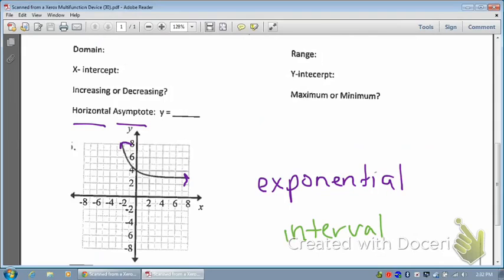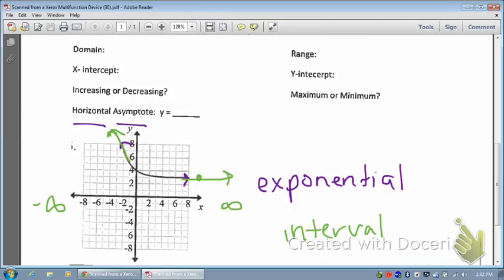Okay, so let's go ahead and knock this out of the way. So domain. Domain is talking about, again, your x values. We have those arrows at the end. Okay? This end of the graph is going continually on past the graph, right? It's going to continue going on and on and on. The same thing with this one. This end of the graph is going to continue further and further, expanding out to negative infinity. The x values over here continue expanding out to positive infinity.